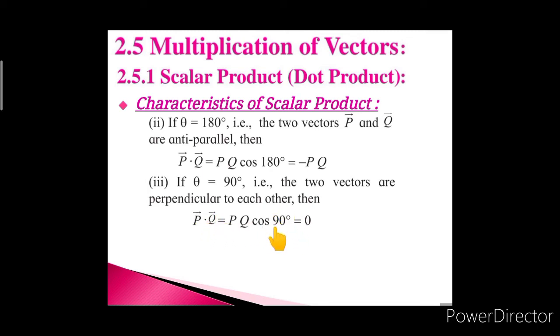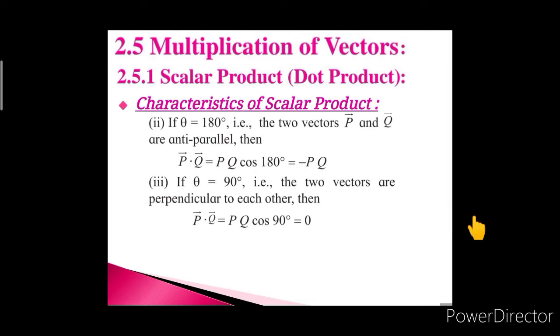The value of theta is 90 degrees, so we write cos 90 degrees, which is 0, and 0 multiplied with p into q gives the result as 0. That means vector p dot vector q is 0. So, when the two vectors are mutually perpendicular to each other, the scalar product is 0.